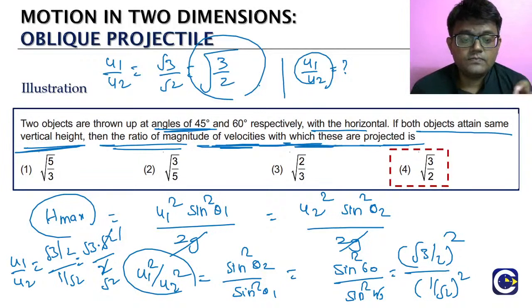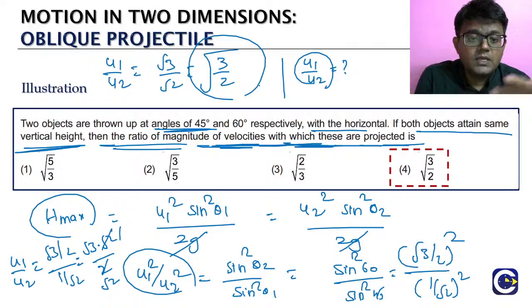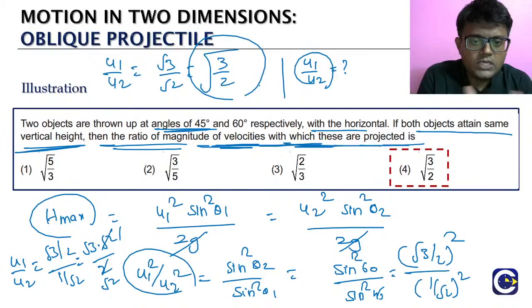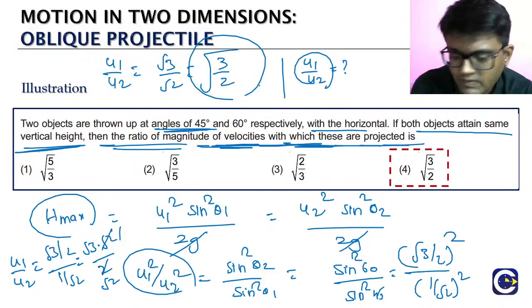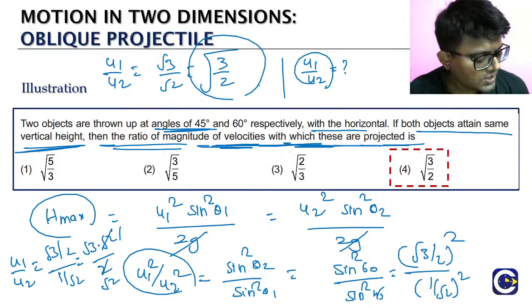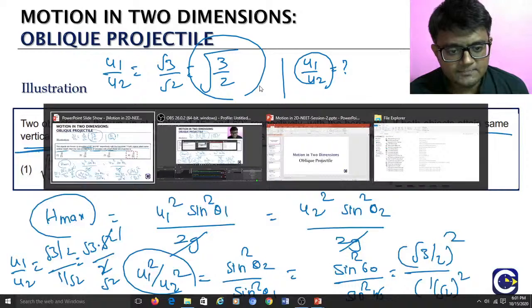So how does it come? On one side we take the maximum height formula, and on the other side also the maximum height formula. When we equate the two, we first get u1 square by u2 square, and taking the square root, u1 by u2 will come. After that it is just mathematical simplification. Okay? So what is the answer for this? Option 4 is the answer.